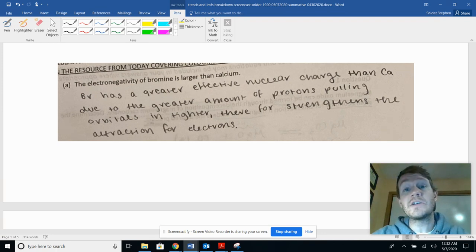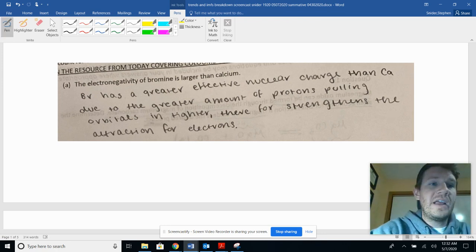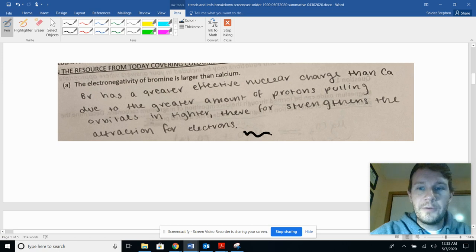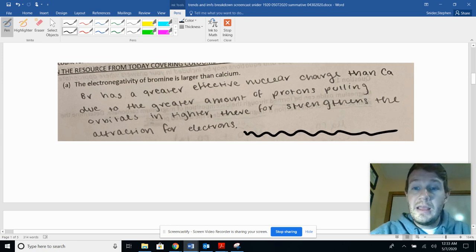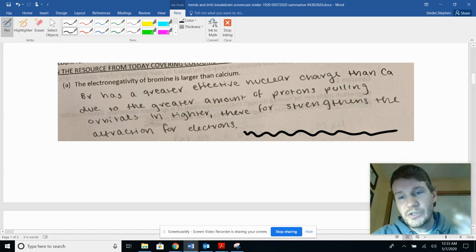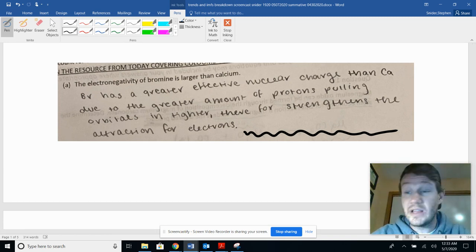The valence electrons are on the exact same, fourth energy level. So let's establish what we have in common, and then let's differentiate between them based on the fact that bromine has a greater effective nuclear charge. What this answer also fails to talk about is that it's strengthening the attraction for electrons within a covalent bond. That's the true definition there of electronegativity.